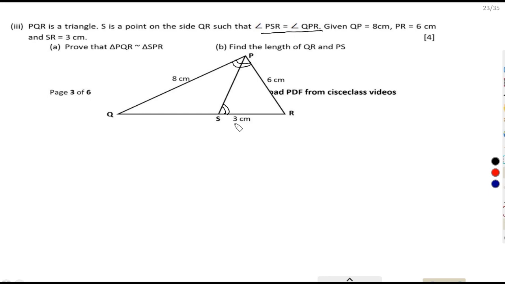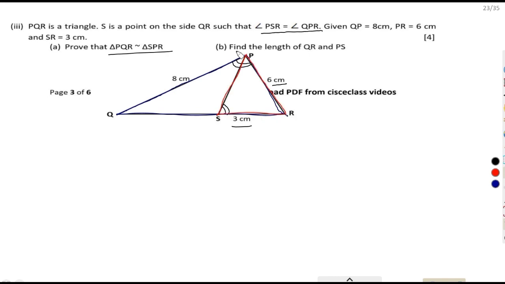QP is 8 centimeter, PR 6 centimeter and SR 3 centimeter. First, prove that triangle PQR and triangle SPR are similar. PQR means this triangle and SPR is this triangle.